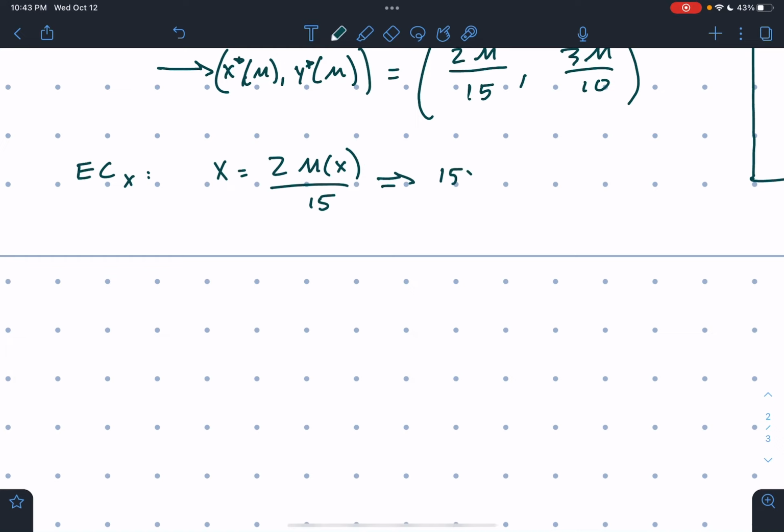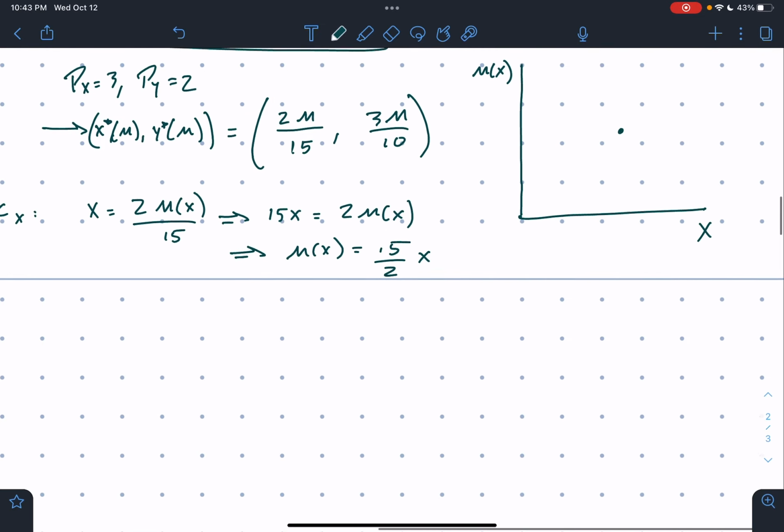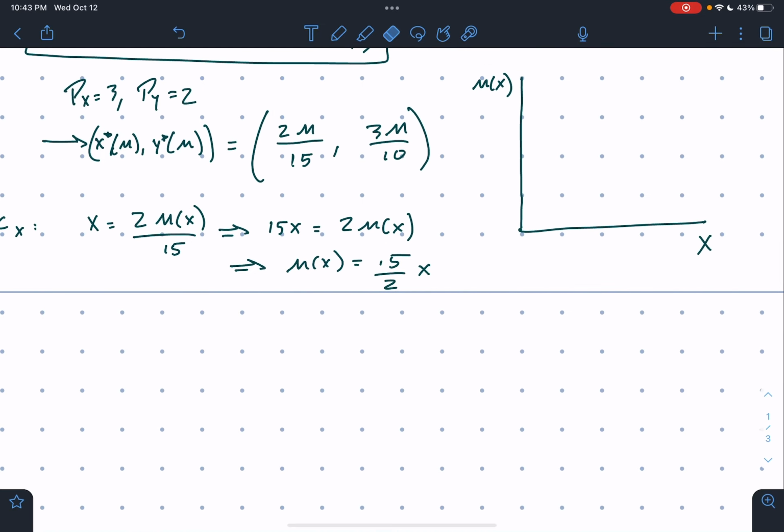So we get 15X is equal to 2 M of X, and then M of X is 15 over 2 times X. If we plot this here, we can see that this is a line with a pretty positive slope, and our Engel curve is going to be like this.